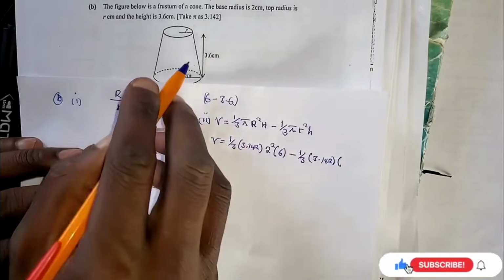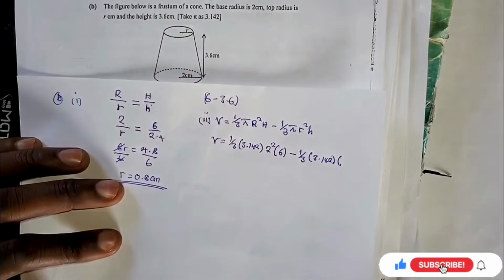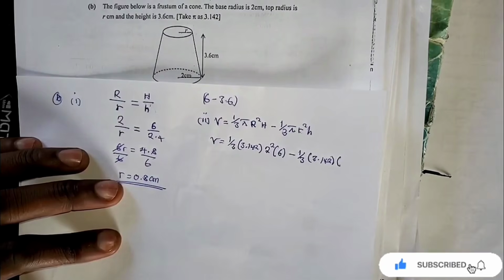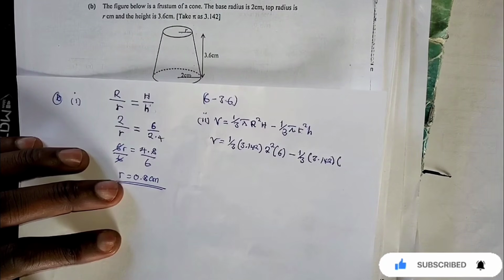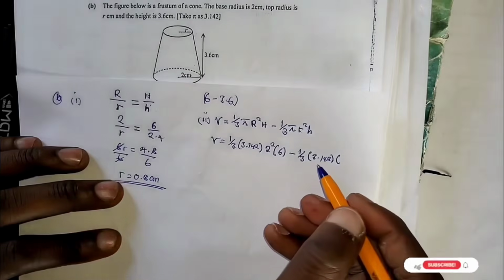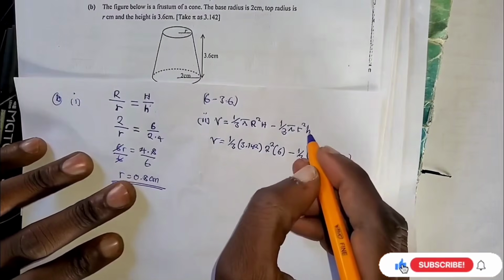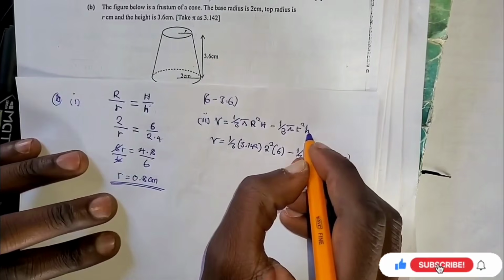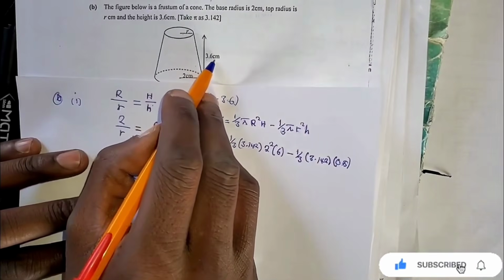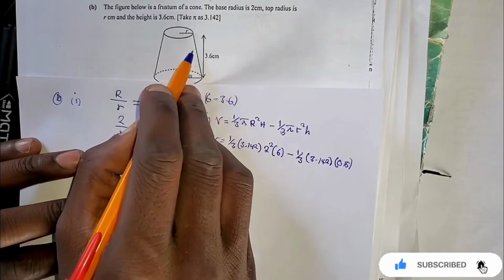For the smaller cone, what is the radius? We found 0.8. I wanted to explain the height. Don't substitute 3.6. This is the height of a larger cone.